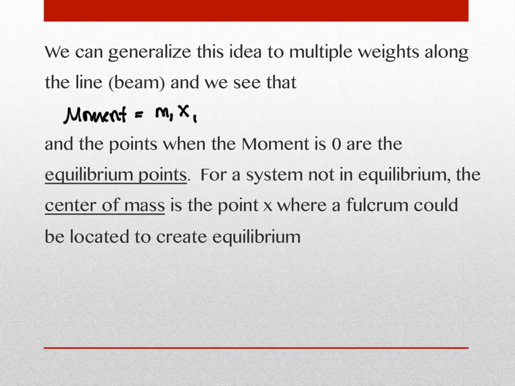So you've got mass 1 times distance 1, and mass 2 times distance 2, and you keep going for all of the masses. We'll do mass n times distance n at the end. Masses and distances being multiplied. And what we've been trying to find is a moment that's 0, where it's balanced. Does that make sense? Okay.